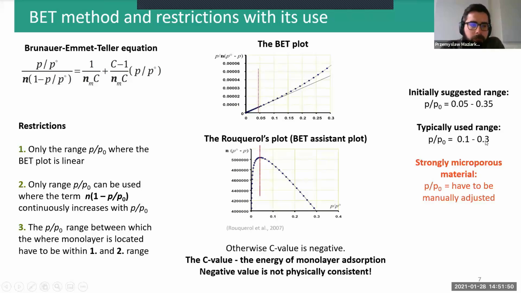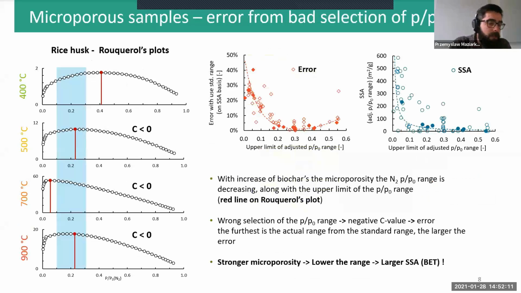But when we read through the IUPAC technical report, they strongly highlight that for microporous materials, P/P0 has to be manually adjusted. Otherwise, the C value is going to be negative. When we go through the results from our samples, it can be observed that the point up to which BET can be calculated changes with the production temperature.